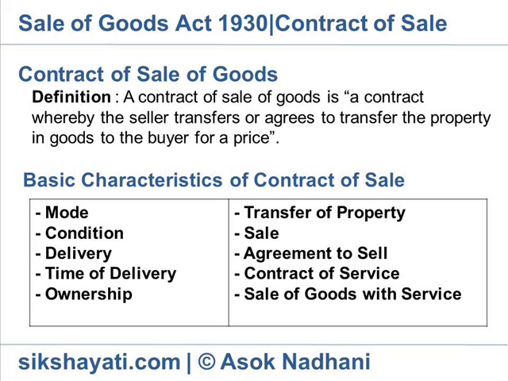Basic characteristics of a contract of sale. Mode: the contract of sale may be in writing, by words, or partly in writing and partly by words, either expressed or implied. Condition: the contract of sale may be absolute or conditional.